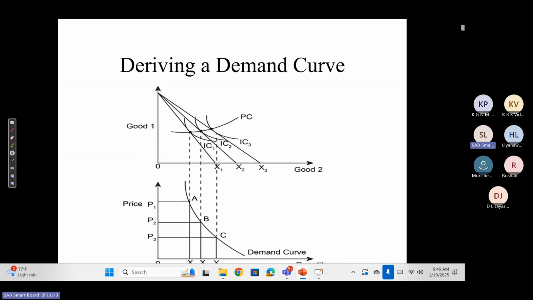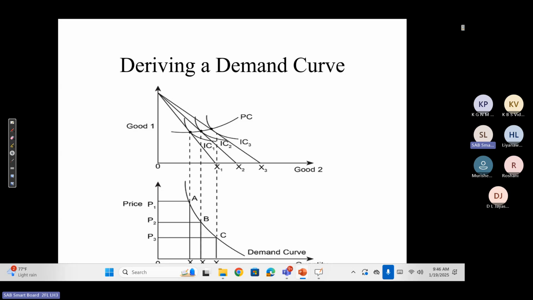Suppose the price level decreases further, from P0 to P1 to P2, like that. So the budget line rotates further, since there is a further decline in the price of product 2. The consumer has the opportunity to consume more of product 2, so satisfaction goes up.